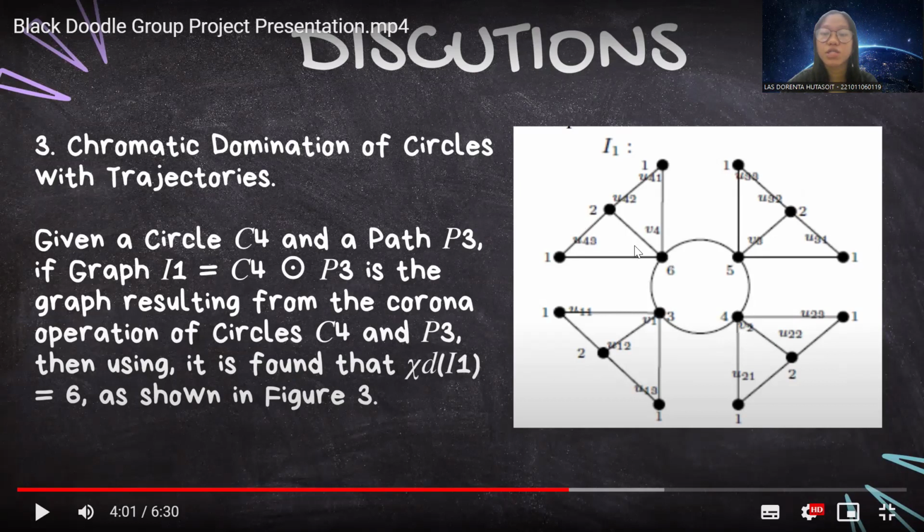This is figure 3 of chromatic domination of circle with path.